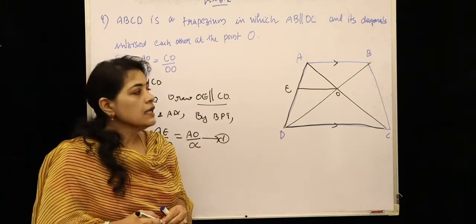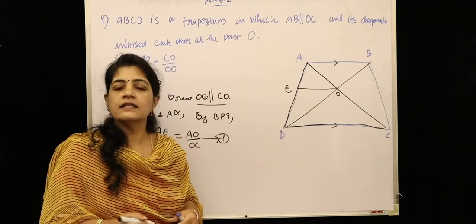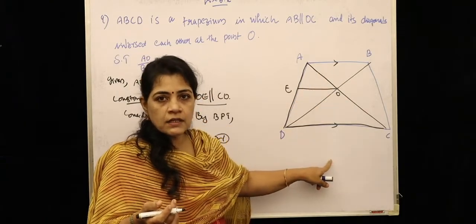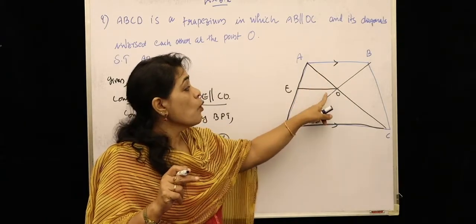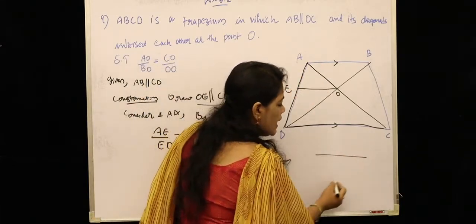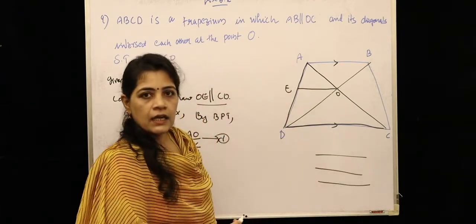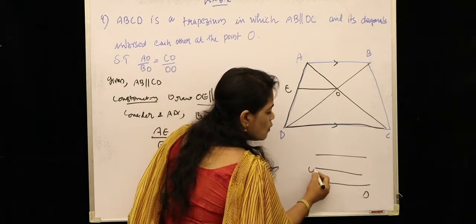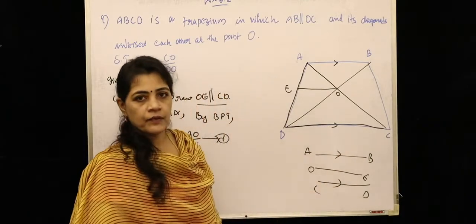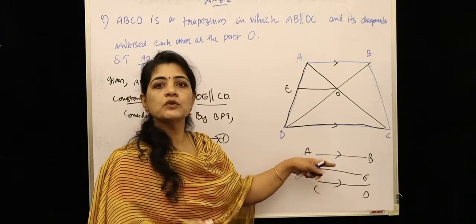See children, since OE is parallel to CD, and it is given that ABCD is a trapezium such that AB is parallel to CD, can you say that OE is also parallel to AB? AB and CD are parallel and we have a line OE parallel to this CD. By construction, OE is parallel to CD, which means OE is parallel to AB also.